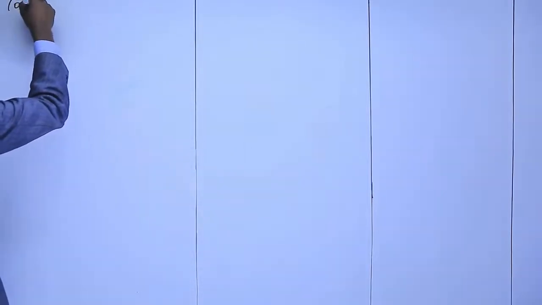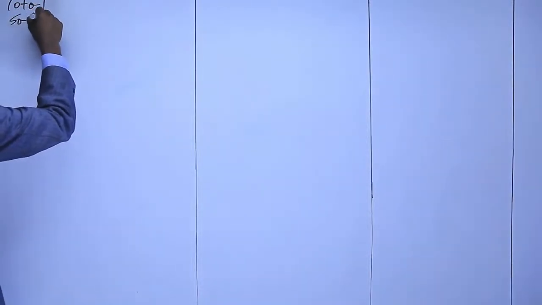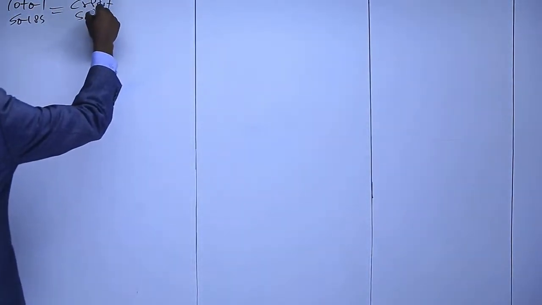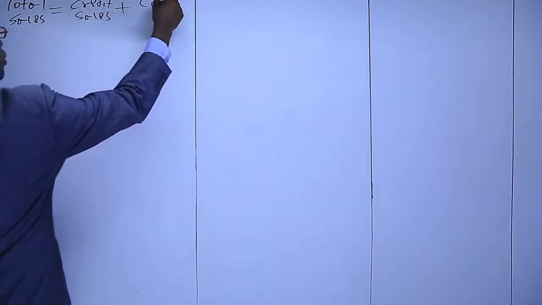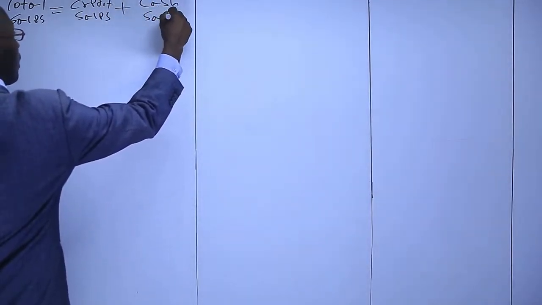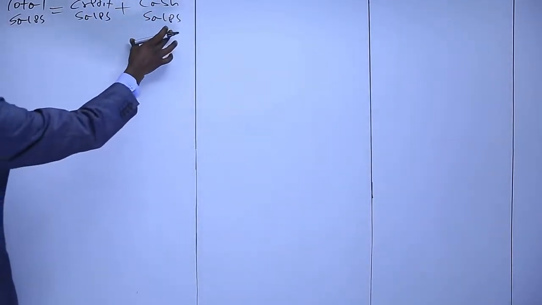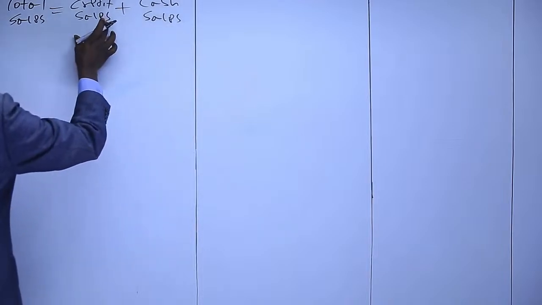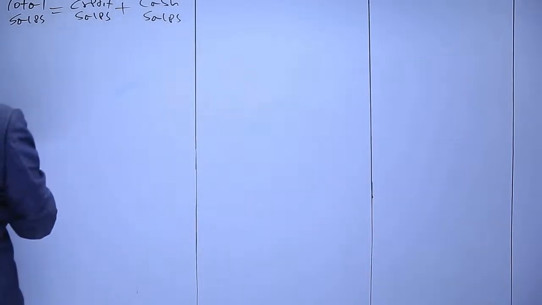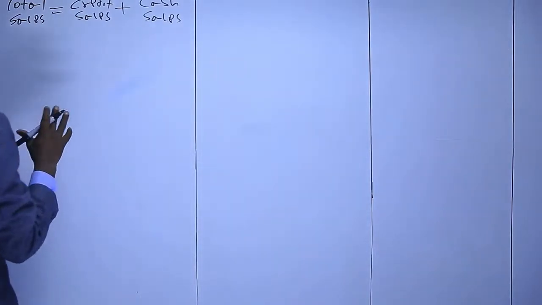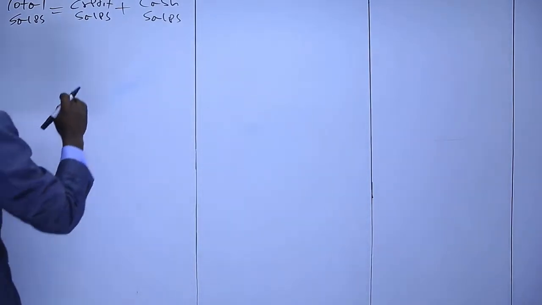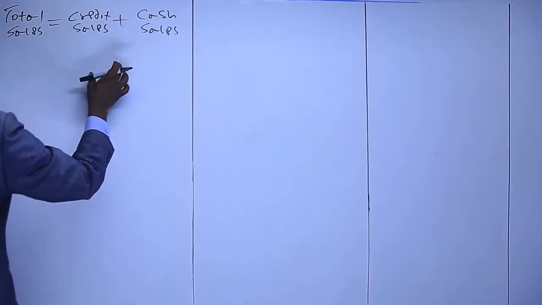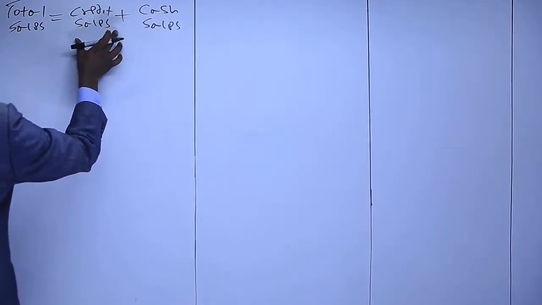You say total sales is equal to credit sales plus cash sales. We said for the cash sales you'll be given, it is there, like we have seen it's already there. The issue is about the credit sales, where you have to determine it. Now, the best way to approach the question, we said, leave a space like 2 lines, where now you'll be able to open the debtors or receivable account to determine the credit sales.